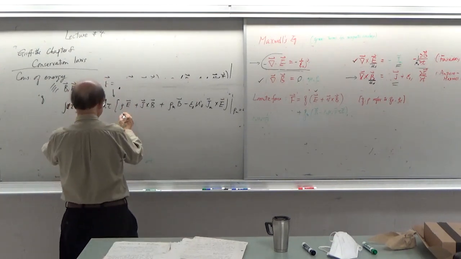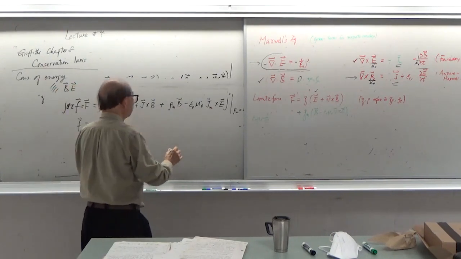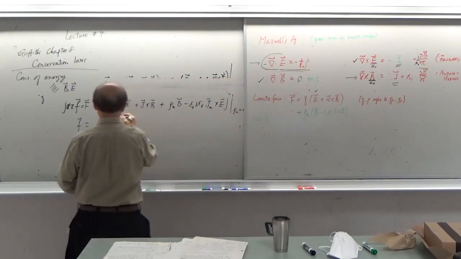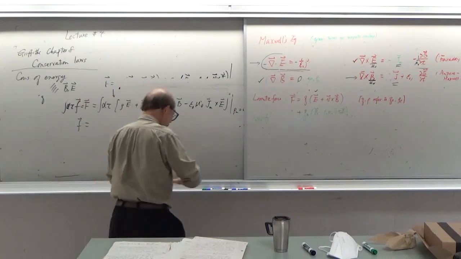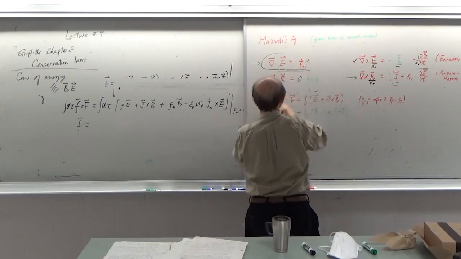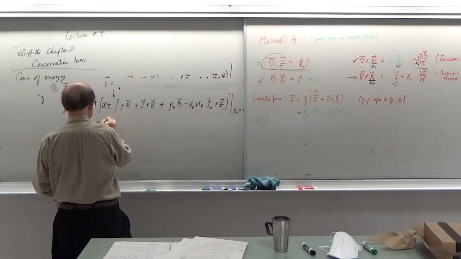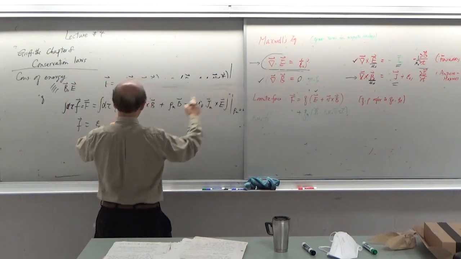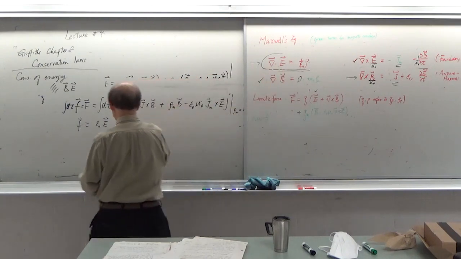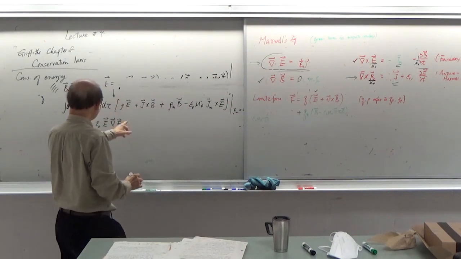So f is equal to rho E. I now use this equation to write rho in terms of the field. So this is nothing but, let me get rid of all the minus signs so as not to confuse myself, epsilon naught E times the divergence of E. That is this term.